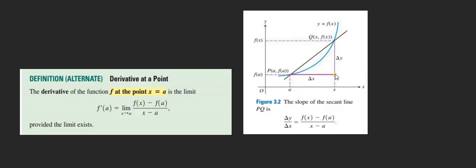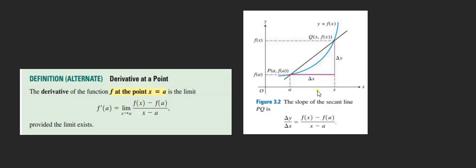Well, that's going to be delta y over delta x, change of y over change of x. So it's going to be f of x minus f of a over x minus a. That is the slope of the secant line PQ. Now notice what happens as x approaches a.